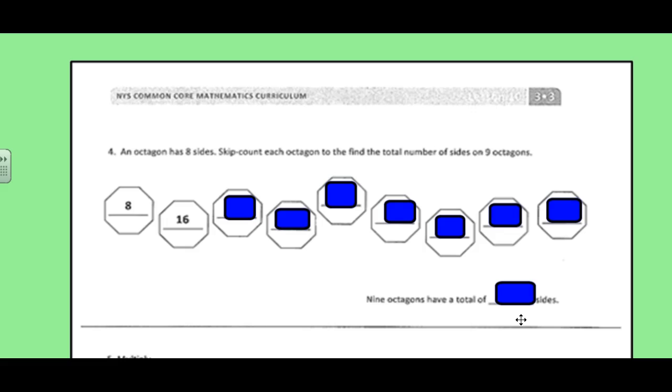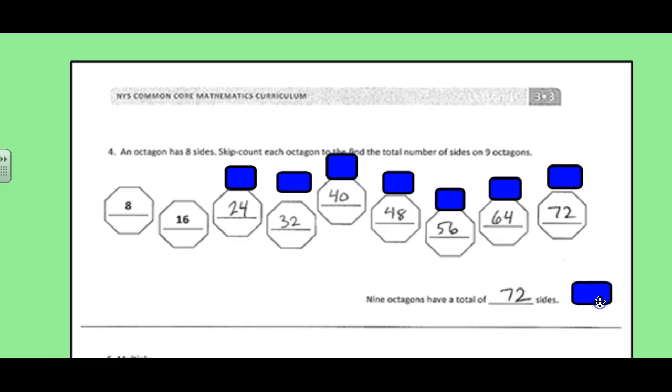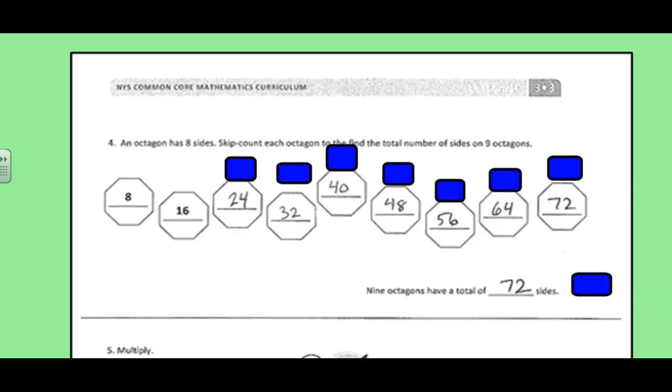So I want you to push pause and finish skip counting, and then fill in this blank that tells me how many sides are on 9 octagons. So when I'm skip counting, I've got 24, 32, 40, 48, 56, 64, 72. So therefore, 9 octagons have 72 sides.